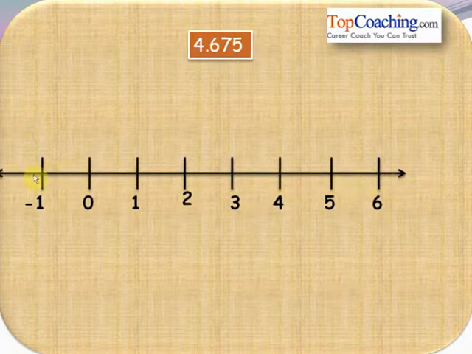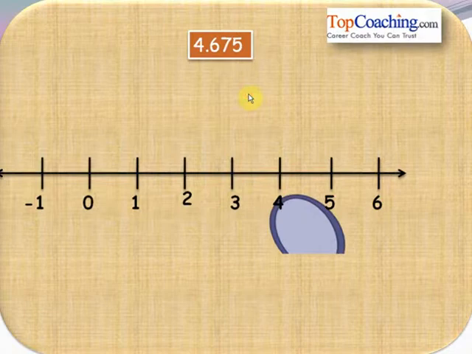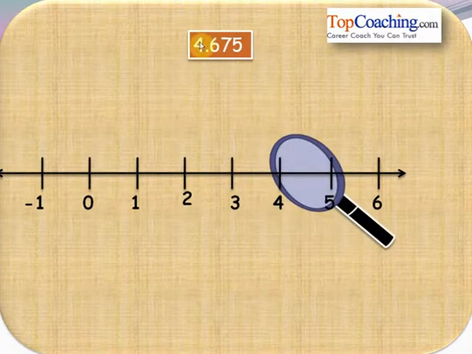And similarly on the left hand side we can have infinitely many such integers. Now in the first step, we have to find 4.675. Of course this number lies between 4 and 5.